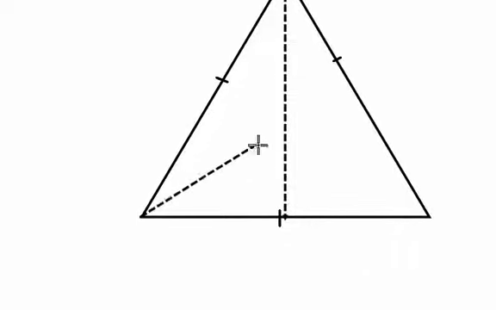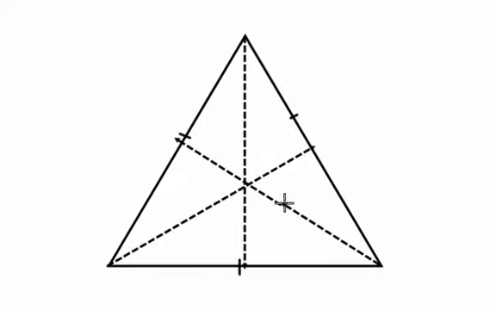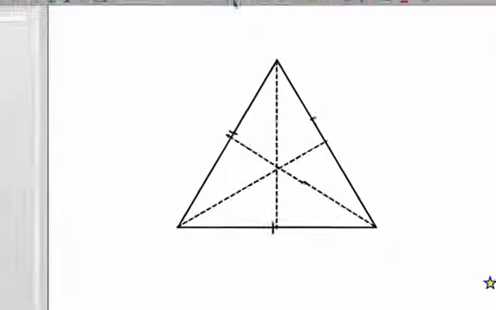I could go from that angle over to the middle of the opposite line segment, and then finally there's one more this way. So there's actually three lines of symmetry inside of an equilateral triangle.